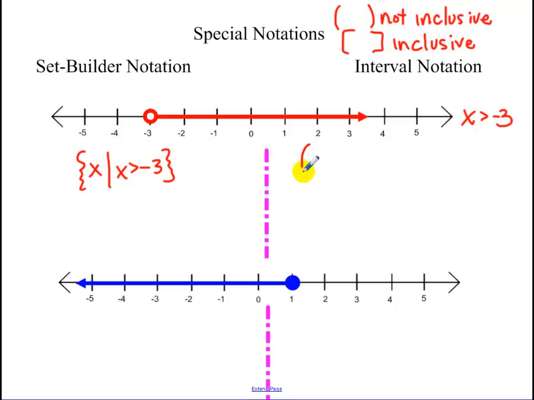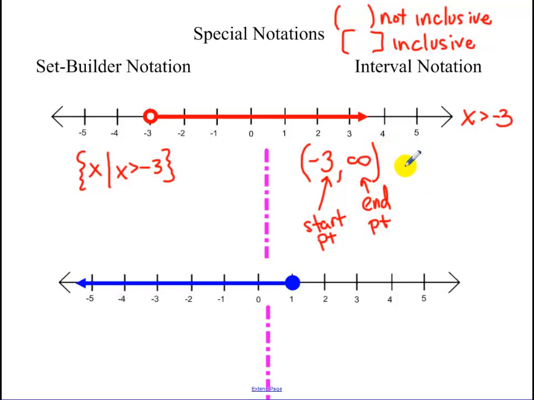We use a parenthesis because we don't include -3. So it's just -3, comma, and then our endpoint. It goes on forever, so that's going to be +infinity. So this is not a coordinate. This is the start point. It tells me that our interval starts at -3 and goes forever to infinity, which is an endpoint.